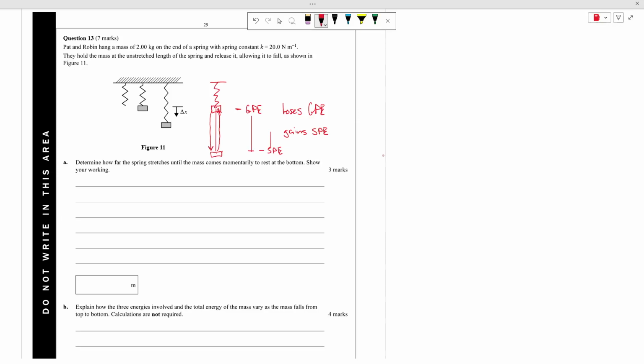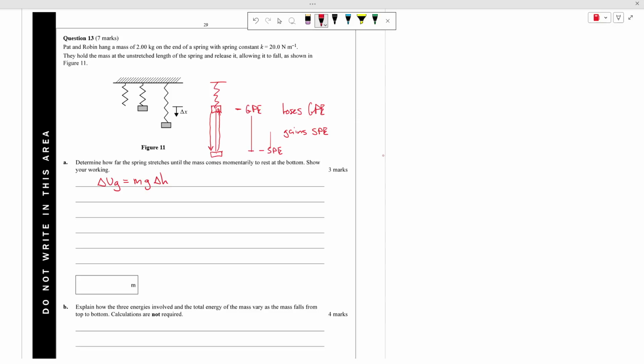How much gravitational potential energy does it lose? So we're going to say, what is the change in gravitational potential energy? Well, that is mass times g times delta h. Cool. I don't know what delta h is. Well, that's what we're trying to work out, aren't we? How far does the spring stretch?